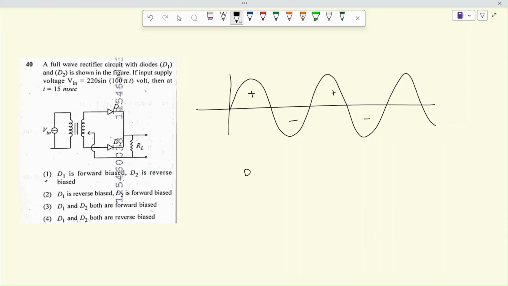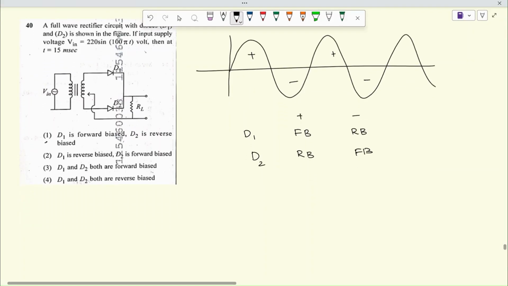If you take the diodes D1 and D2, when there is a positive half cycle, D1 becomes forward biased and D2 becomes reverse biased. In the negative half cycle, the opposite happens. Now we have to identify which cycle is entering the circuit, positive half cycle or negative. For this purpose, look at the equation.